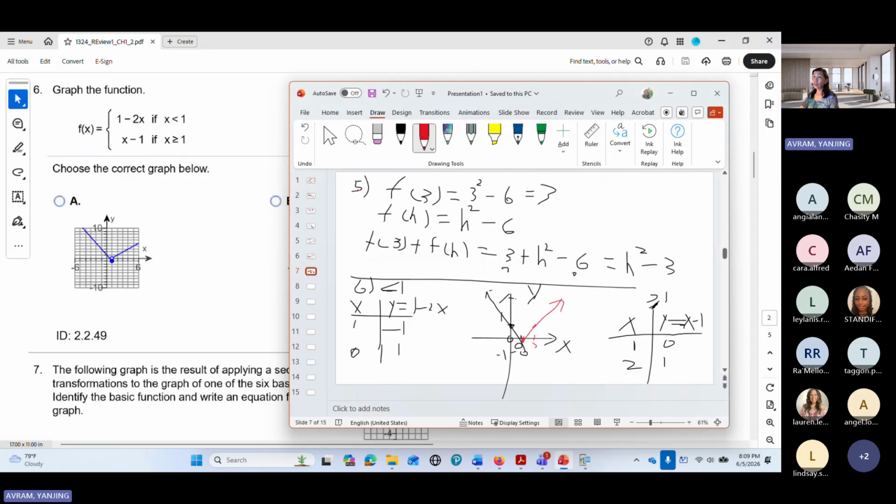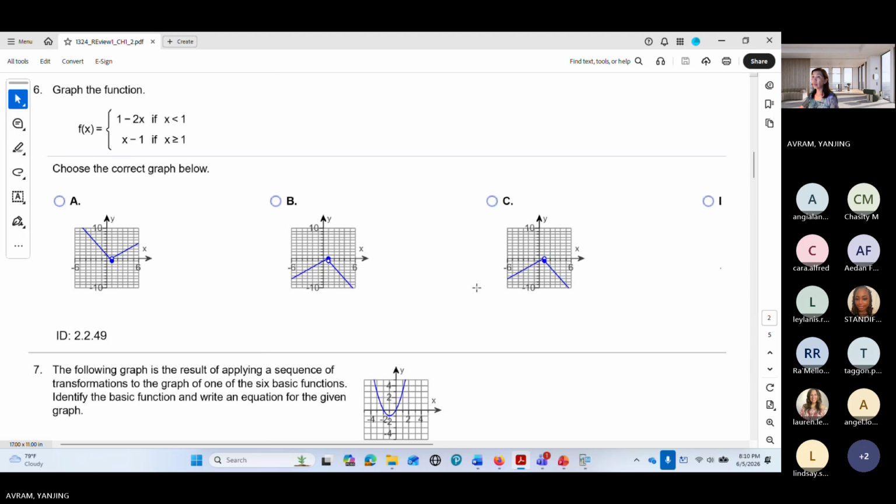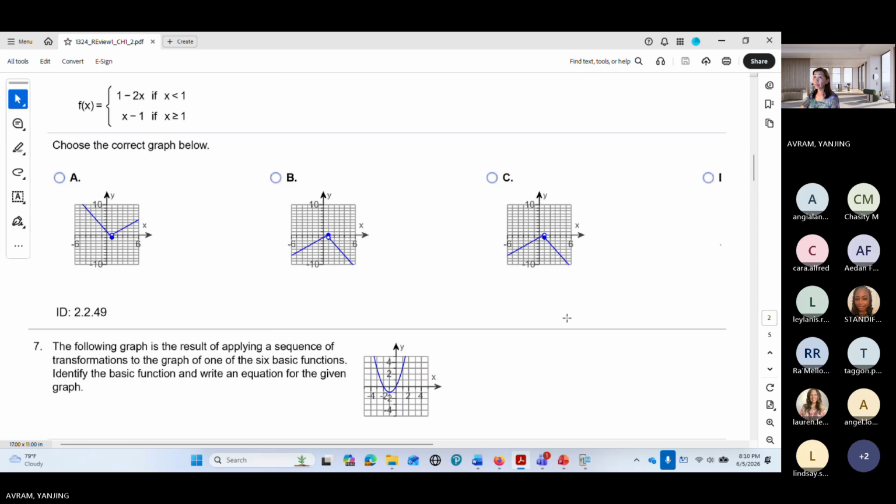So you will need to know the first one right here doesn't have an equal sign, so you need to use the circle. And the second one right here, you will need to use the solid dot because you have an equal sign. Okay. All right. So you can do that manually, or you can do that in a calculator. Okay.